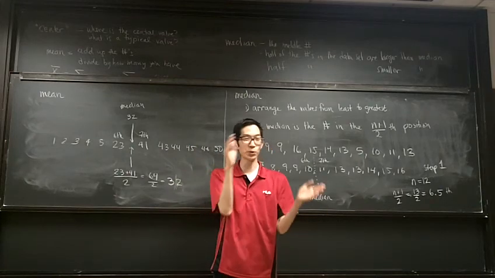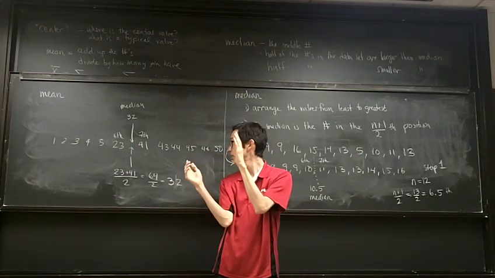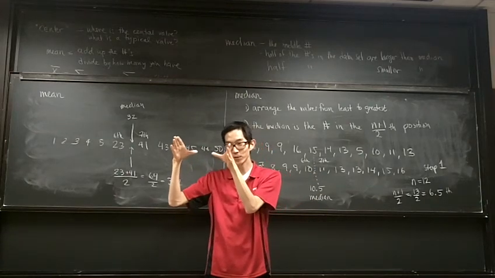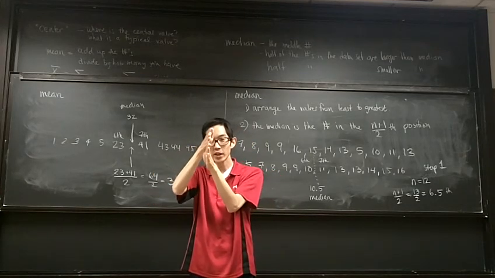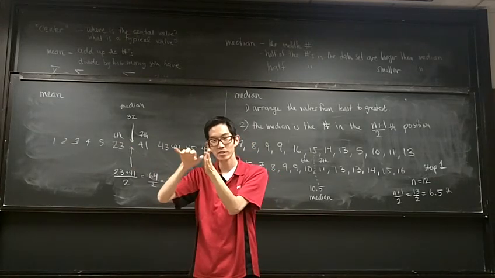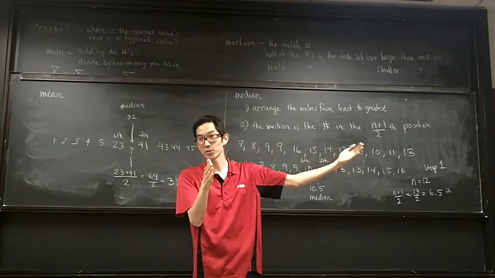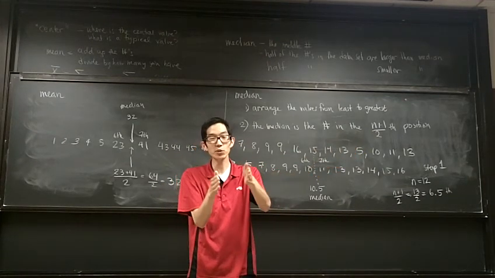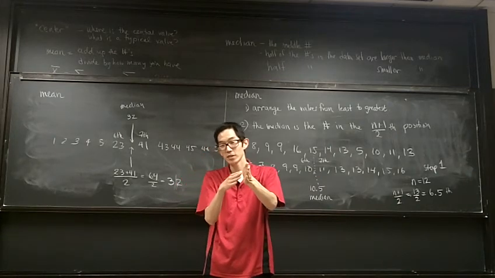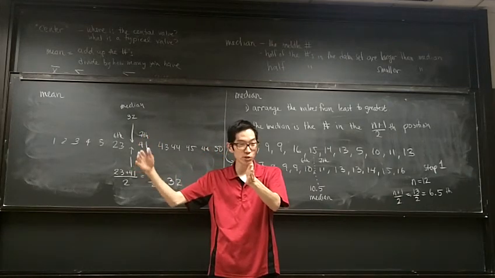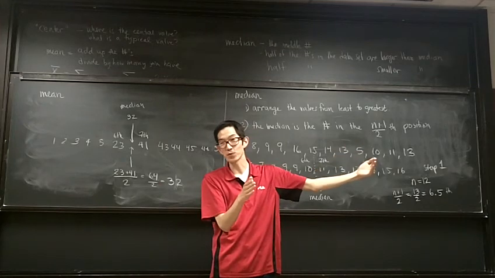So the first quartile is going to be the spot that separates the smallest 1/4 from the bigger 3/4. The second quartile separates the lower 2/4 from the upper 2/4.